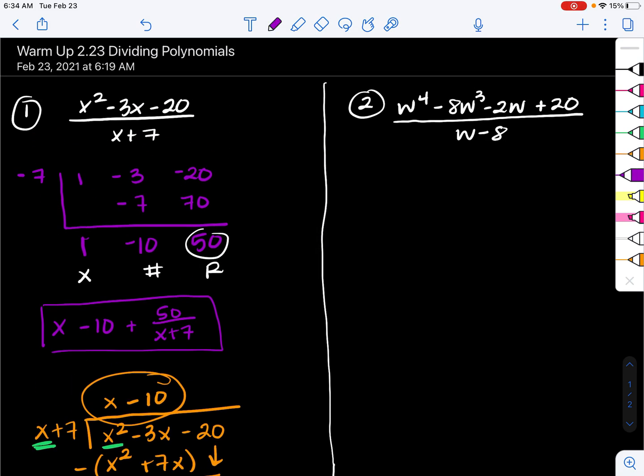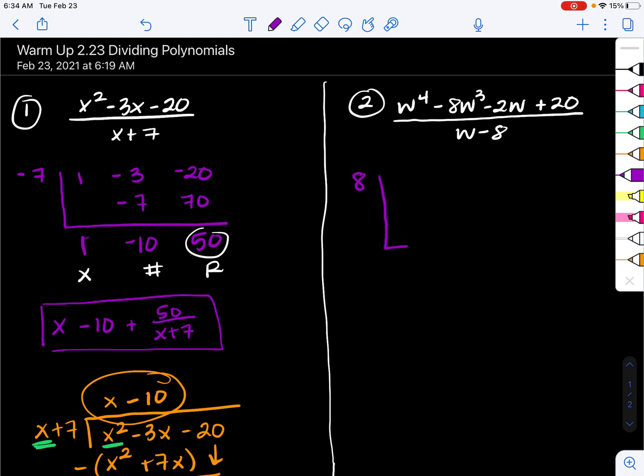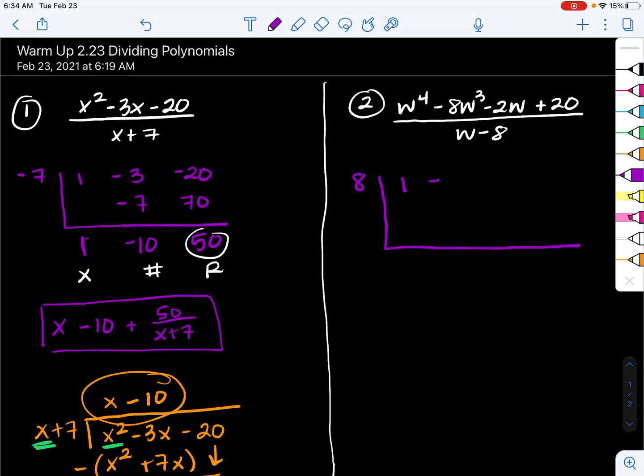Okay, number two, synthetic division first. Noticing here, our powers go w to the fourth, w to the third, w to the first. So we need a placeholder, a 0, for our w squared. Bring down the first number, start multiplying.